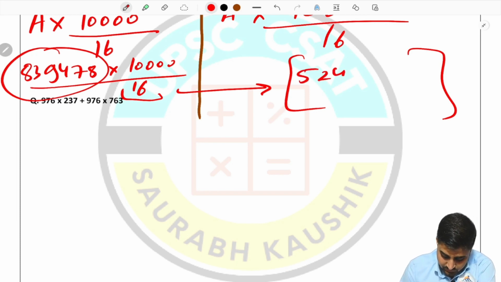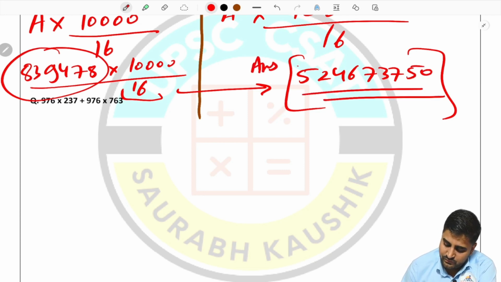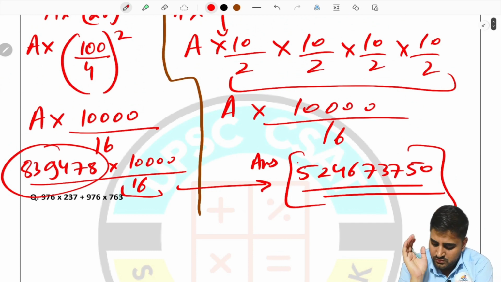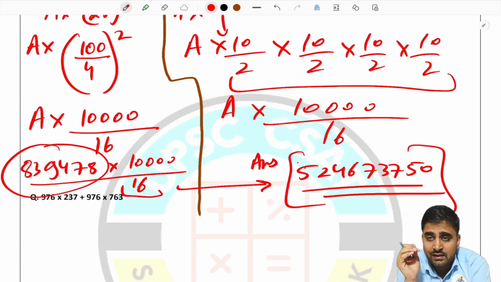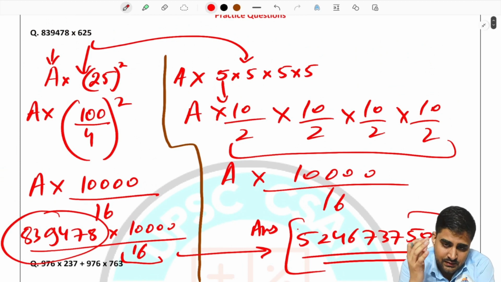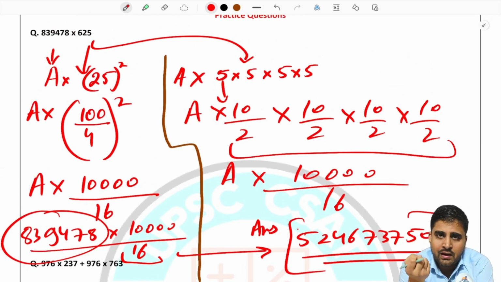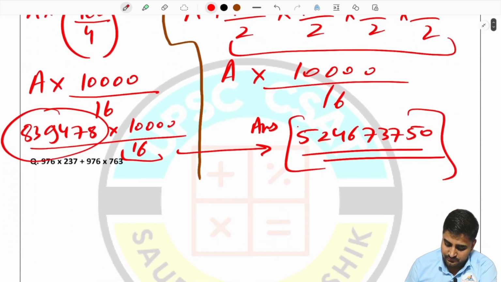But I have shared the most important topic. The only purpose of sharing this question is to make things easy for you, to give you a vision of how to utilize the numbers in our favor. That's the whole purpose. Now let us move to the next question.